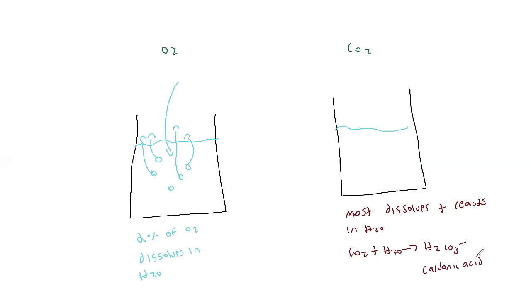This is why we have acidification of the oceans: since we're putting more carbon dioxide into the atmosphere, it is reacting with water and making water more acidic, which is having drastic effects on the local ecosystems.